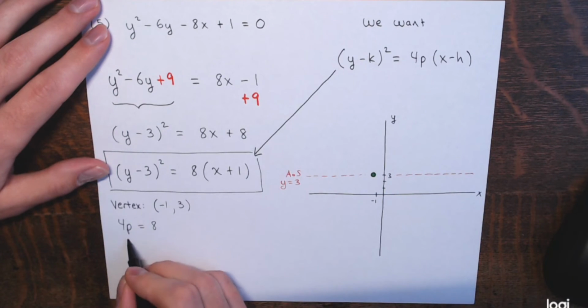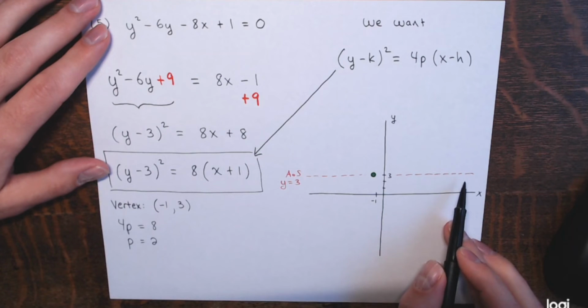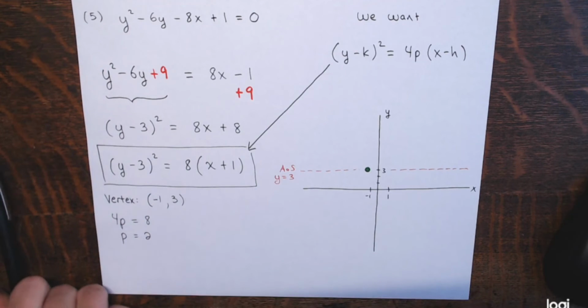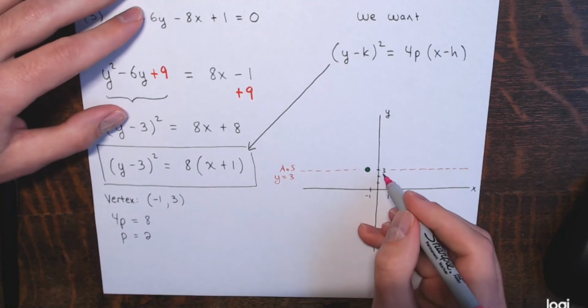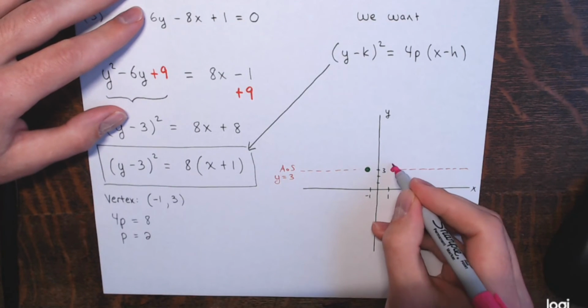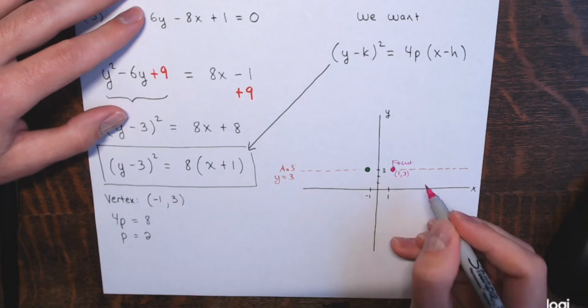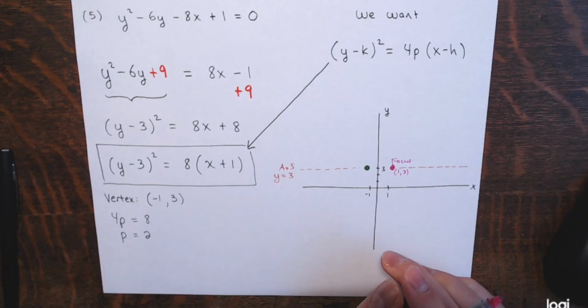So the value of p is +2. And when we're talking horizontal, +2 means right 2. So if I go from the vertex right 2 units, I'm at the focus. And the focus here is at the point 1, 3. From negative 1, 3, I go to the right 2 units, 1, 3.